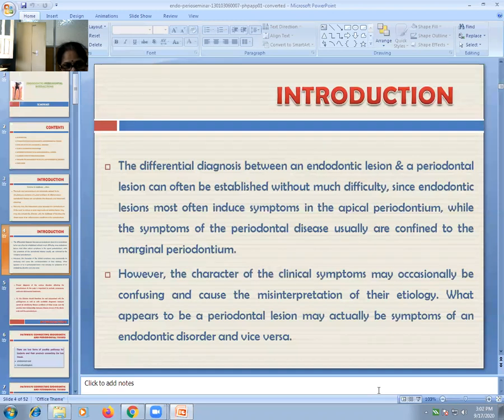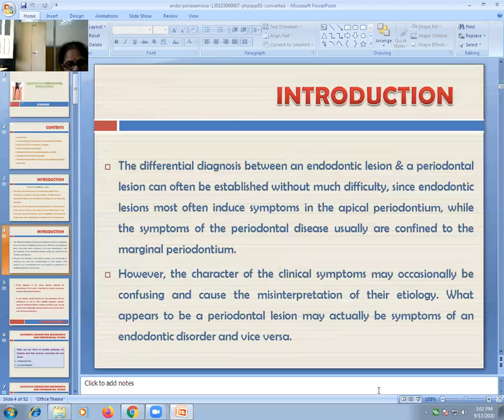This is the difference. Pulpal diseases usually develop symptoms at the apical area, while symptoms of periodontal origin will usually be at the margins of the periodontium.